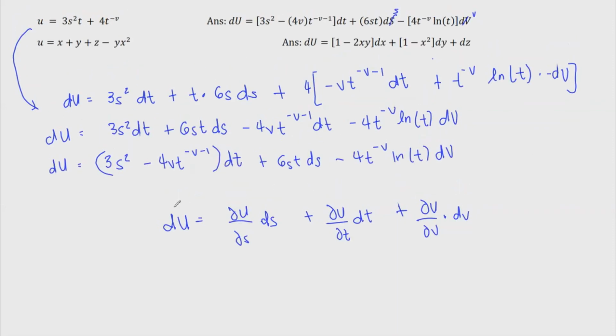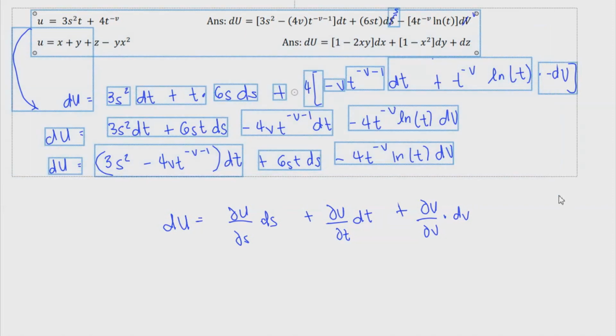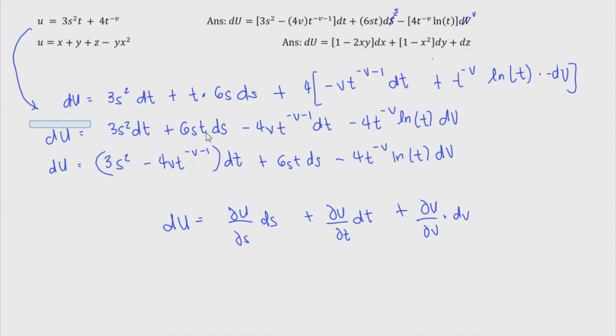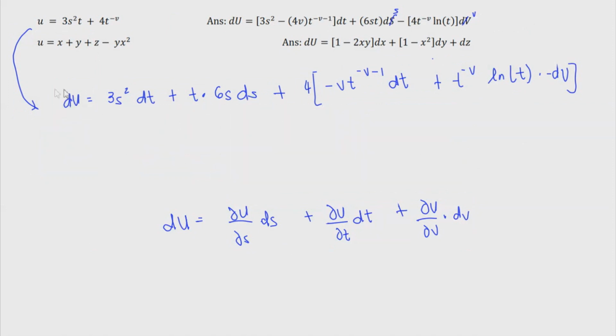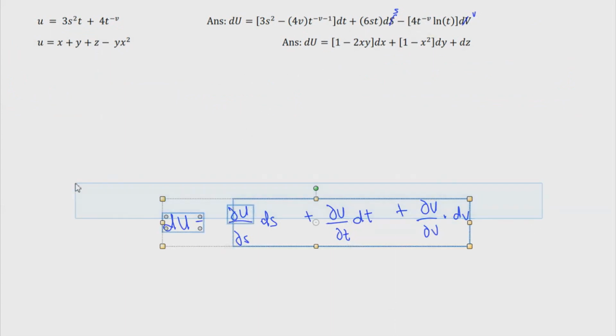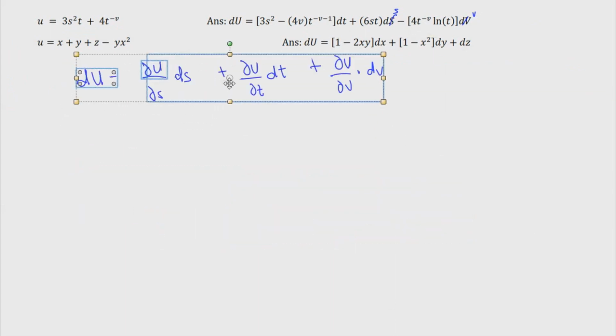Okay, so with this, let's apply this to our expression. So we have du. I'll just be removing this because we've already proven that that's the correct answer using our total differential. So I'll be deleting this first. Okay, so we're left with this expression, and then I'll be moving this at the top.